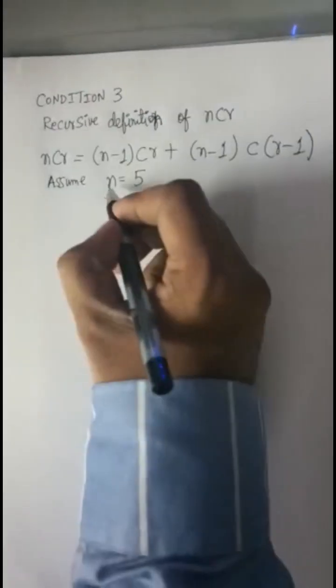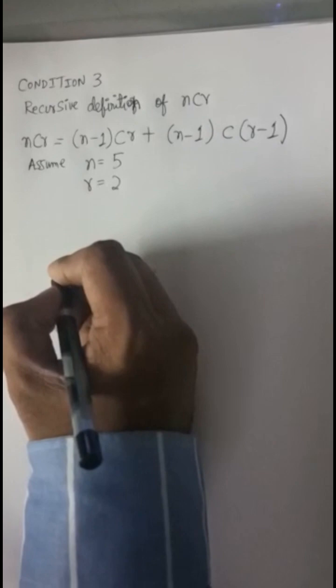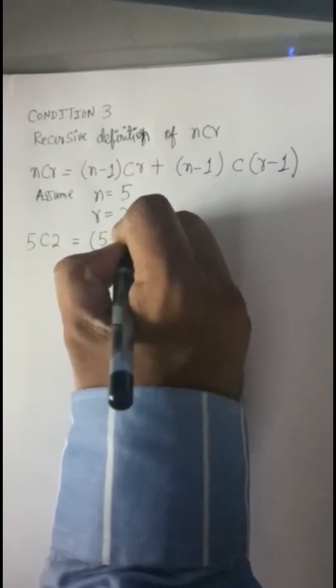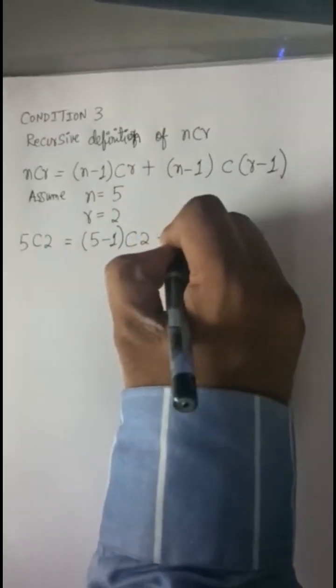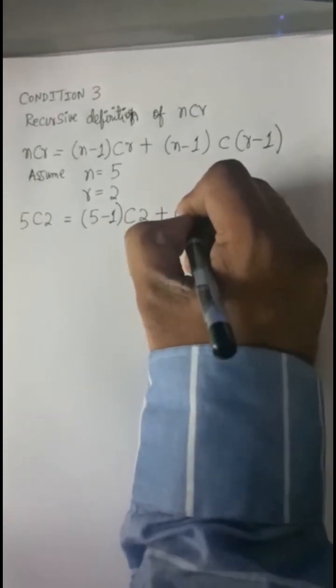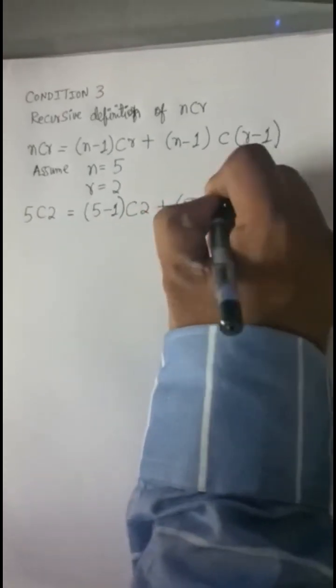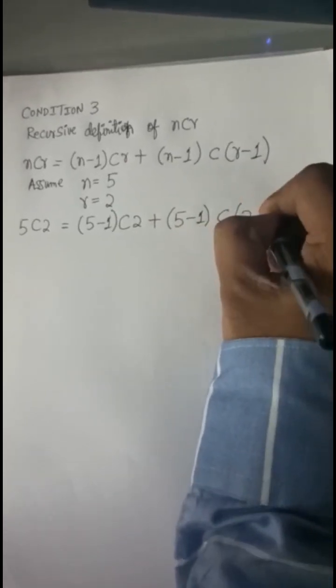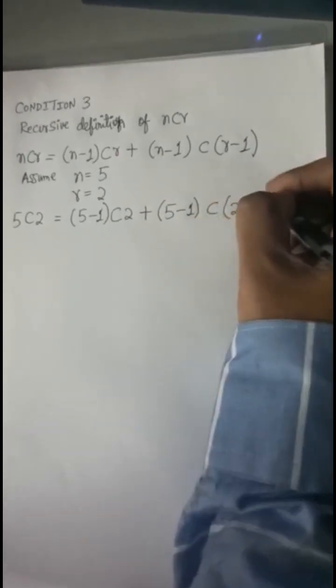So here 5C2 will be equal to n minus 1, means 5 minus 1 C of r value 2, plus n minus 1, 5 minus 1 C of r minus 1. R minus 1 is nothing but 2 minus 1. So what will we get?